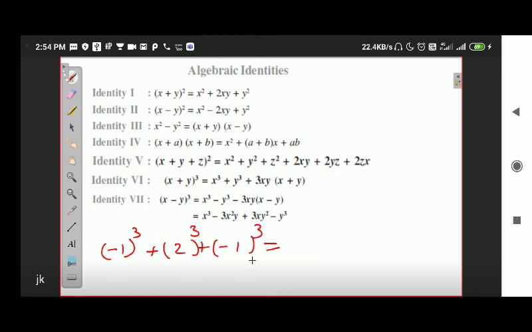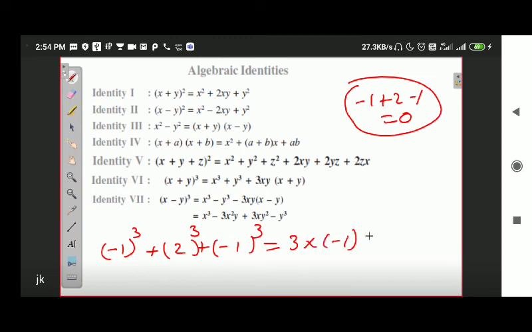Minus 1 plus 2 minus 1 will be 0. If the sum of all these numbers is 0, then the sum of their cubes will be 3 into minus 1, 2 and minus 1. So this will be minus 6. Keep in mind this property that is inspired out of the eighth identity.